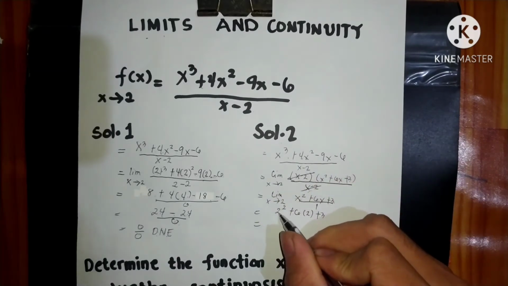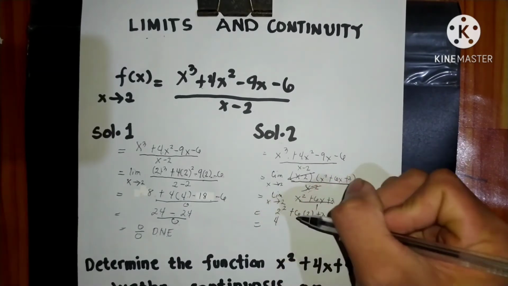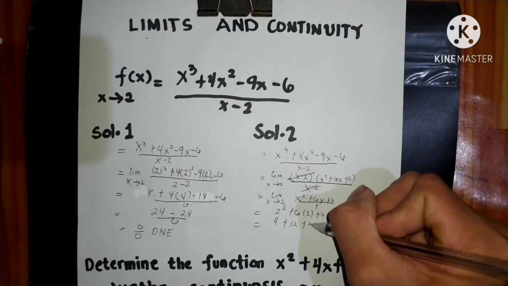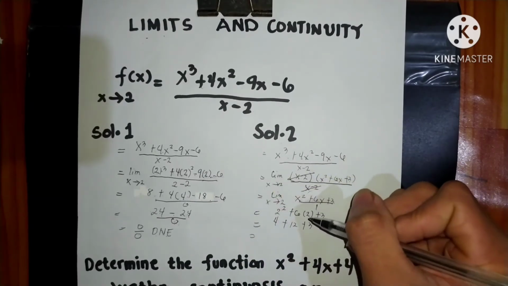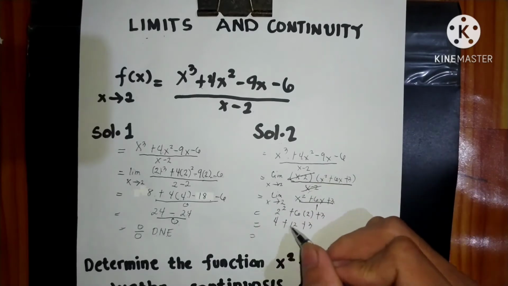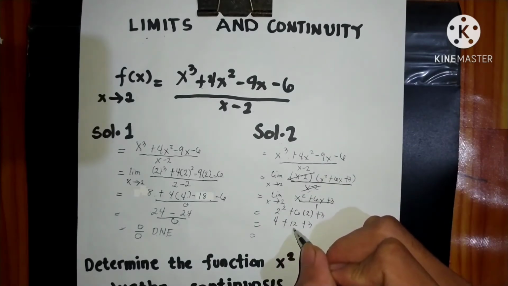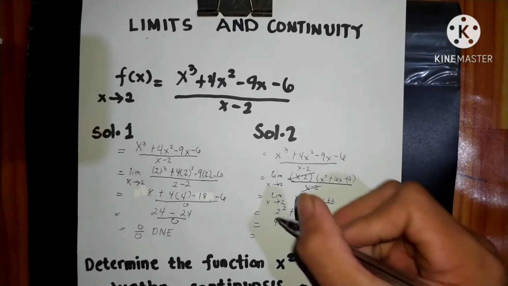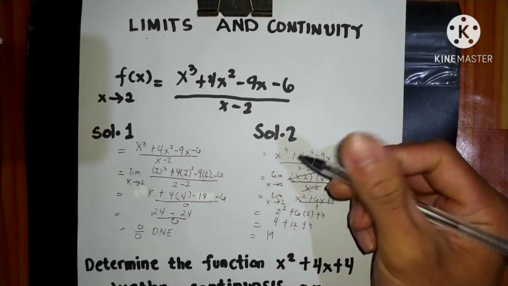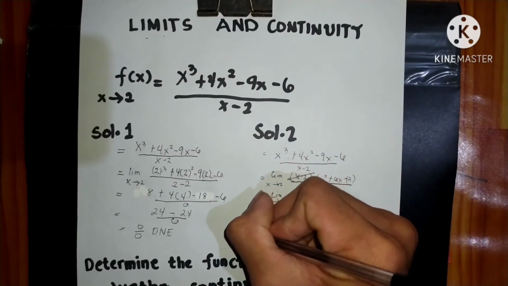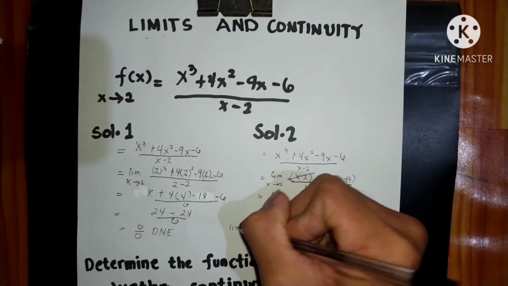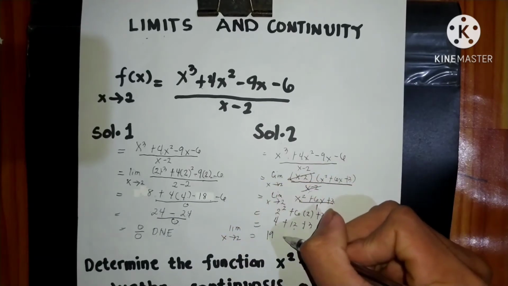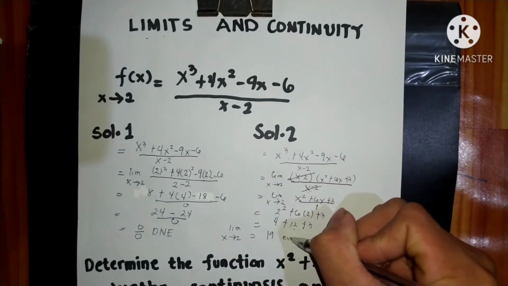So, ang mangyayari, 4 plus 12 plus 3 is equals to 4 plus 12, 16, plus 3 is equals to 19. So, the limit as x approaches 2 is existing.